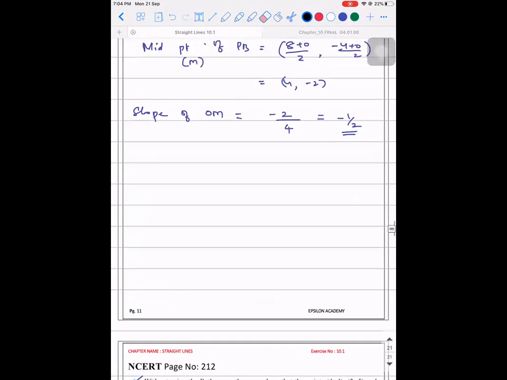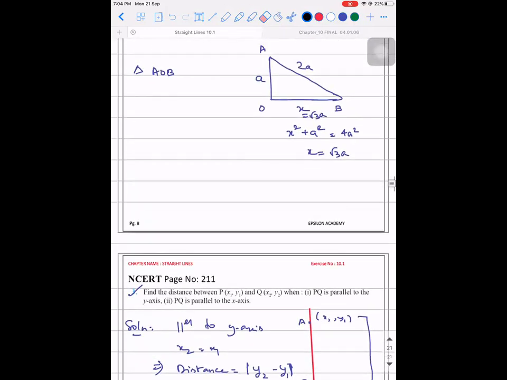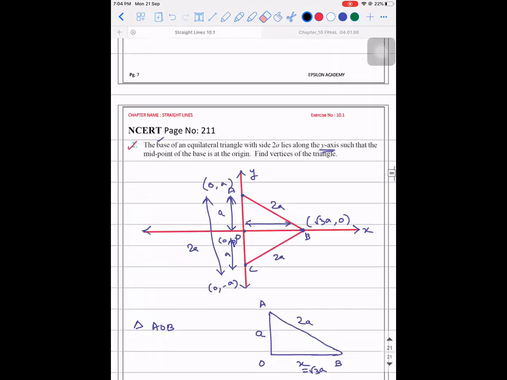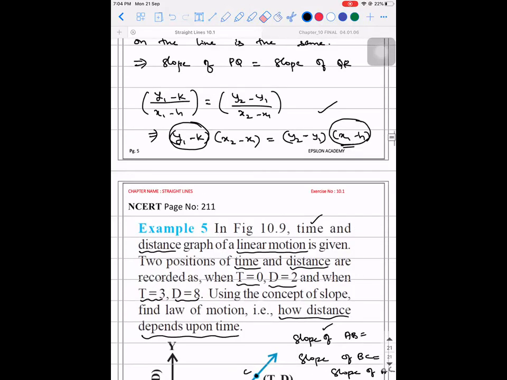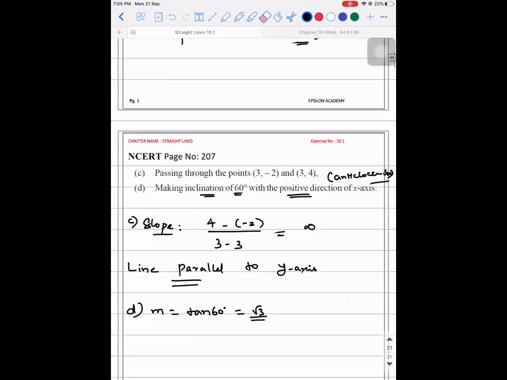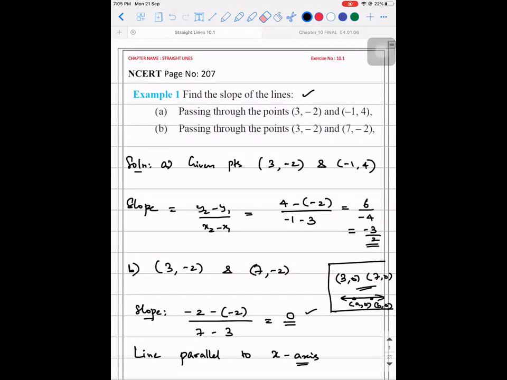Yes or no? Yes, sir. Okay. So in tomorrow's class, we will discuss the next part. I cannot start the next part because the theory itself is very long. Tomorrow, I hope we complete theory at least. But for the basics, it is again slope of a line only.